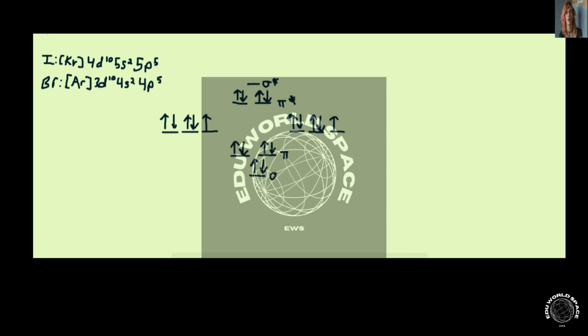But in terms of the molecular orbital diagram, we're going to be focusing more on the electrons in the p orbitals, because those are mainly what's going to be involved in our bonding process.